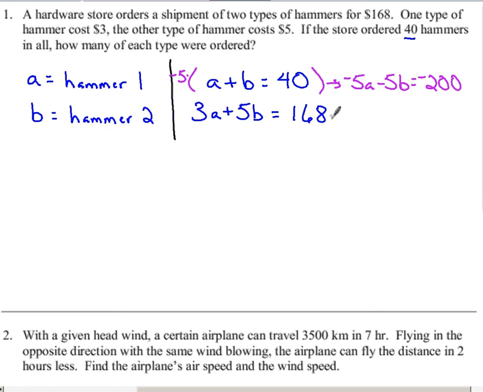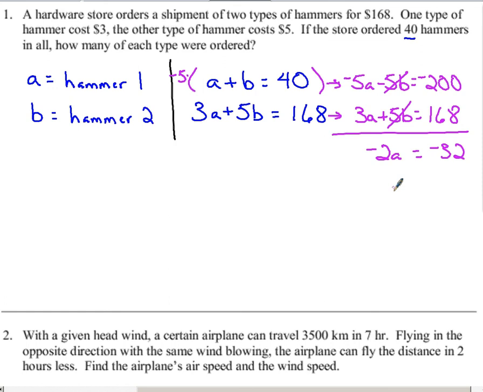The second equation stays as is. So now if I add the 2 equations, I know the B's are going away. I've got -2A left, equal to -32. Divide by -2, A equals 16.